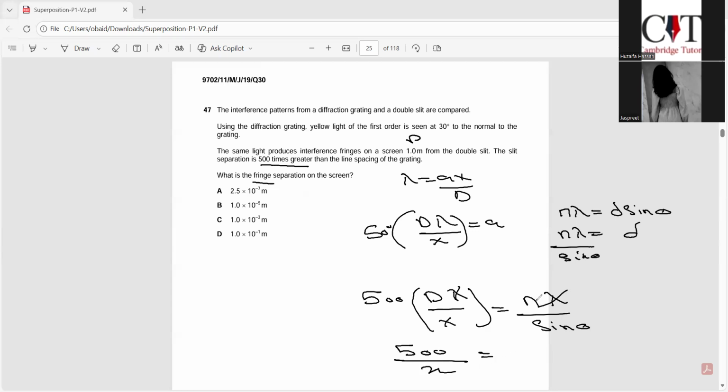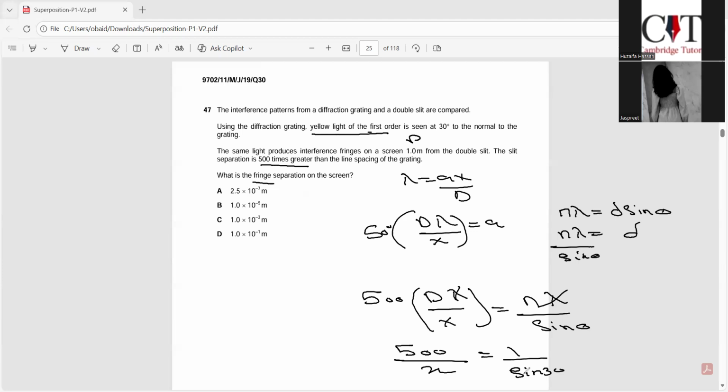What is n, the number of grating lines? The yellow light is of first order, so n would be 1, and sine 30. So now calculate x and tell me the answer.